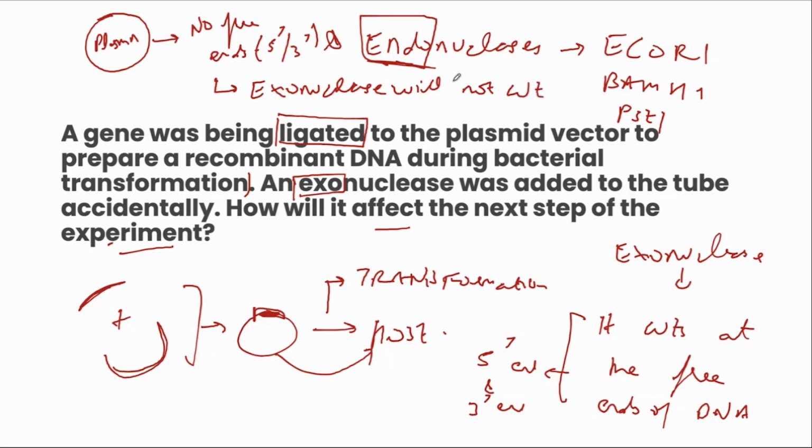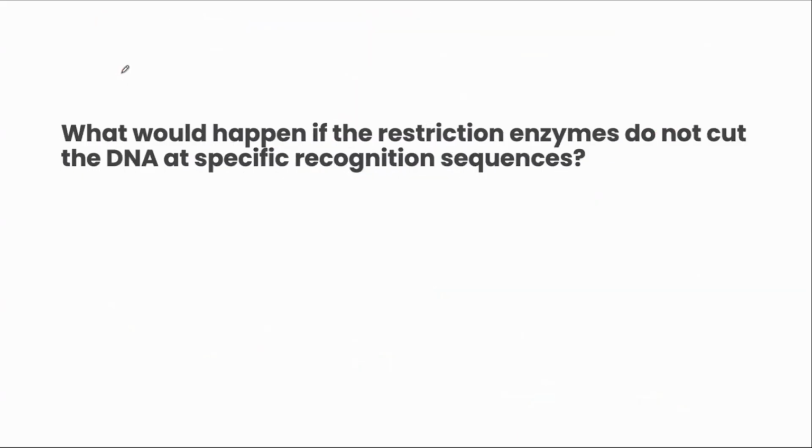The entire process was to do ligation and the transformation, but in the first step itself, instead of endonuclease, they added exonuclease. We know that exonuclease is an enzyme that cuts at the end terminals of the DNA, that is, at the free terminals, basically the 5' and 3' terminals. But since the plasmid does not have any kind of end, it won't cut. And therefore there won't be any ligation.